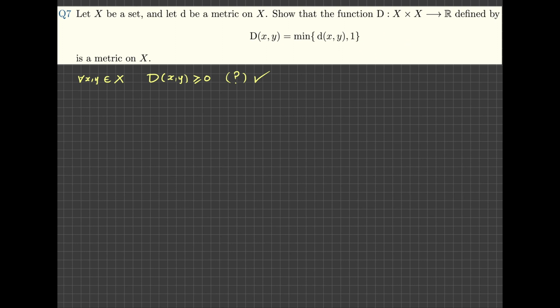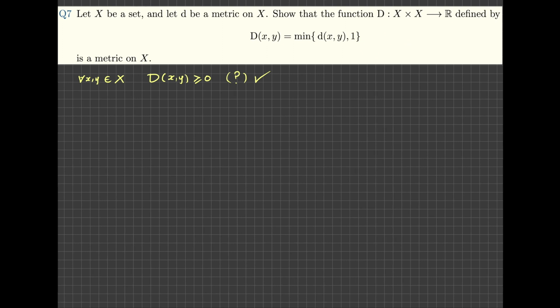Okay, now the second part is I want to show that for all X and Y in X, capital D of X and Y is equal to 0 if and only if X is equal to Y. Okay, let me start from this side.